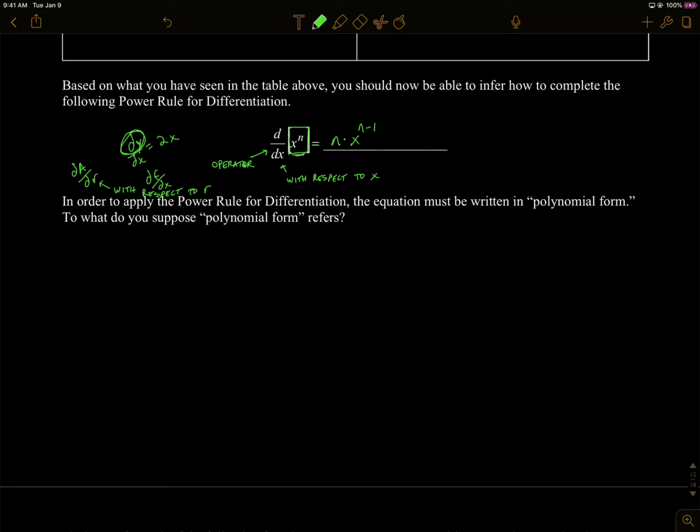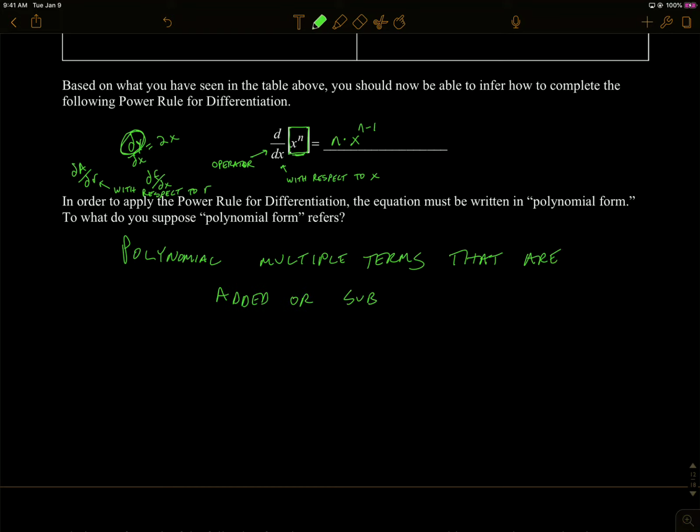A polynomial type function will be, well, let's think about what a polynomial is. It's multiple terms that are added or subtracted. I'm not giving you the official definition, by the way.